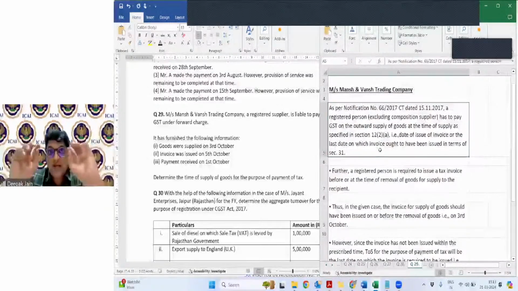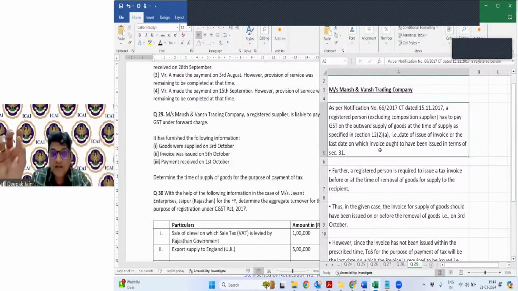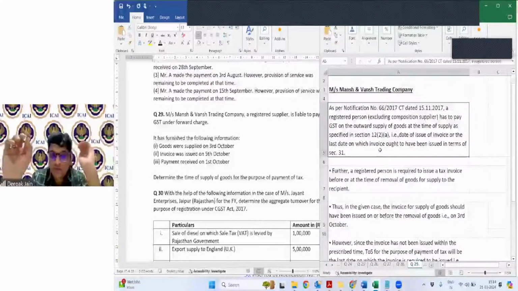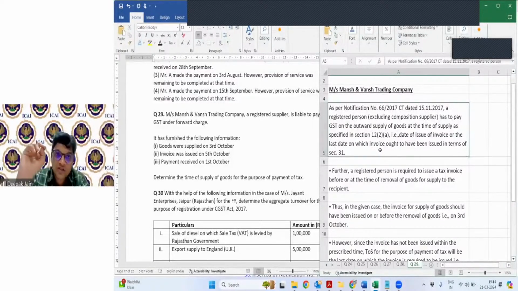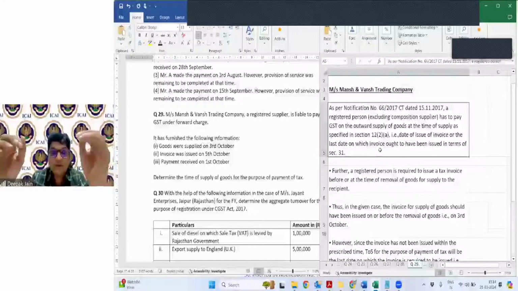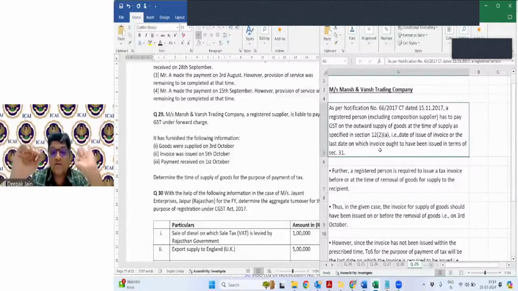In this case, the actual date of issue of invoice is 5th अक्टूबर, लेकिन आपको इनवॉइस इश्यू कब करना था? जब आपने गुड्स को रिमूव कर दिया। गुड्स को आपने 3rd अक्टूबर को रिमूव कर दिया है, तो आपको इनवॉइस 3rd को रेज करना चाहिए था, लेकिन आपने 5th को रेज किया है। तो टाइम ऑफ सप्लाई विल बी द 3rd of October itself.